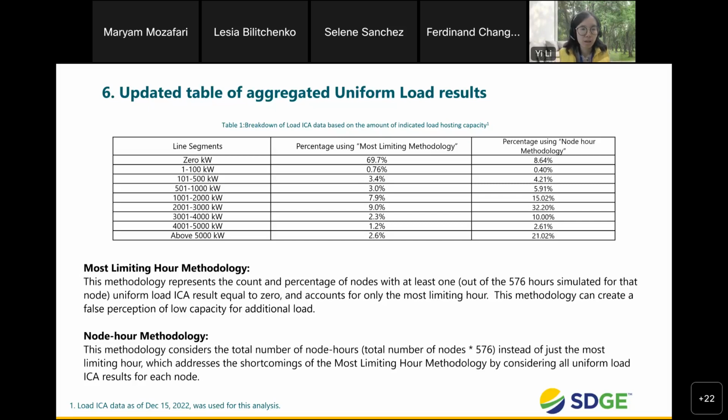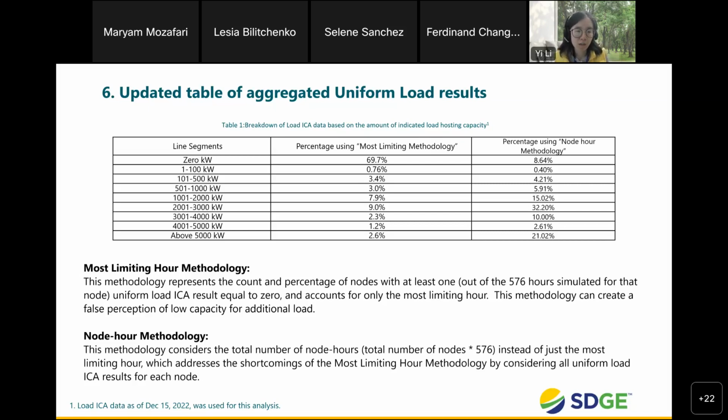Basically, as long as 1 hour out of the 576 shows 0 capacity, the entire circuit or line segment is marked as having 0 load capacity. So, being the most limiting hour, this methodology really creates a false perception of low capacity for additional load, because depending on the kind of load you're looking to interconnect, it's not always going to come in at that load level at every nodal hour.